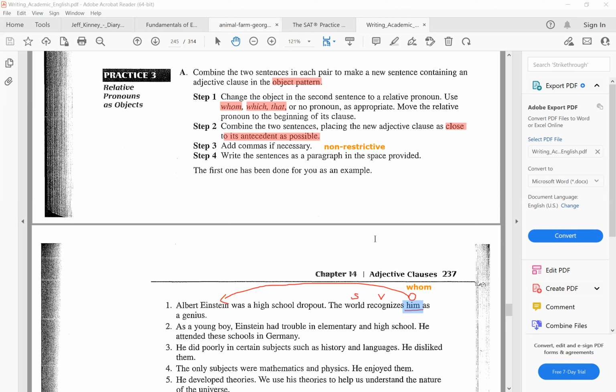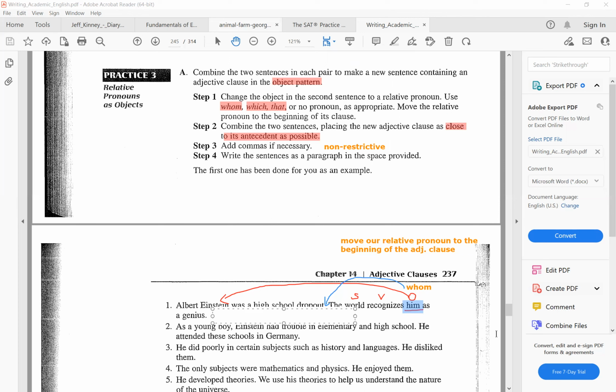But the rule about adjective clauses is that we have to move our relative pronoun to the beginning of the adjective clause. So now I have to move the whom to before the world. Whom the world recognizes as a genius. And since I am modifying Albert Einstein, I need to make sure I put it after his name.